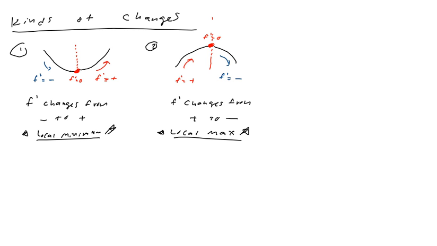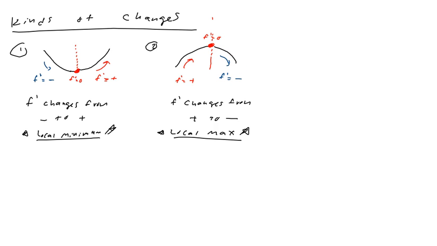If f prime is positive 5, 4, 3, 2, 1, and then it hits 0, and then it's negative 1, negative 2, negative 3, negative 4, you changed from positive to negative.